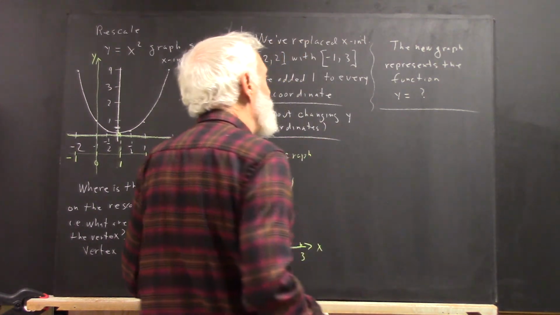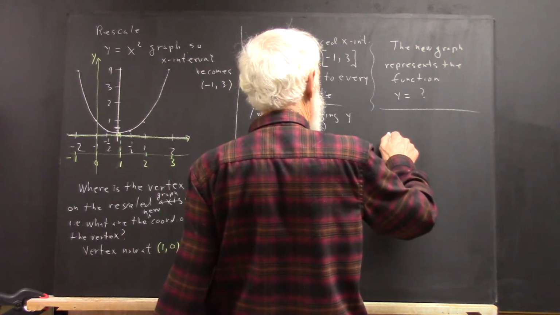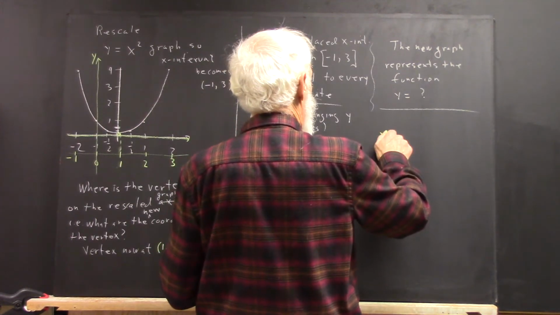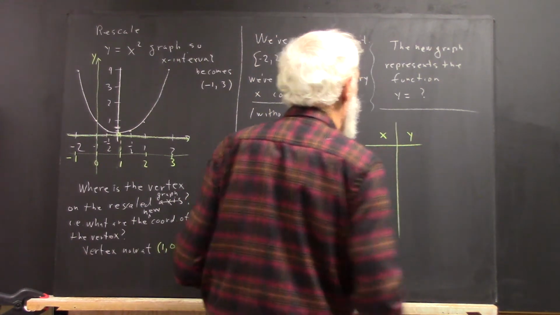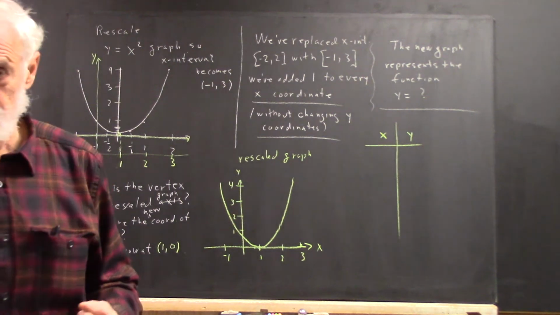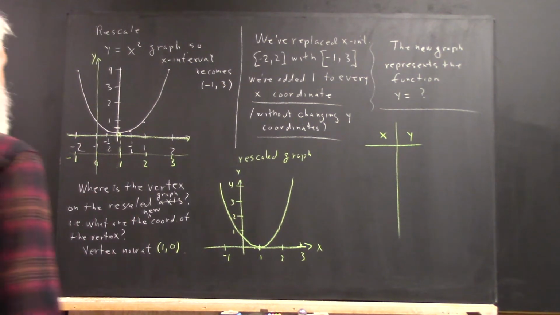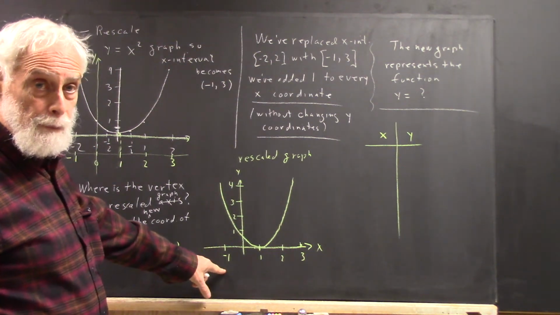Definitely right idea. Okay, well, what I want to do is I want to make a table for the rescaled graph. So when x is -1, what's y?